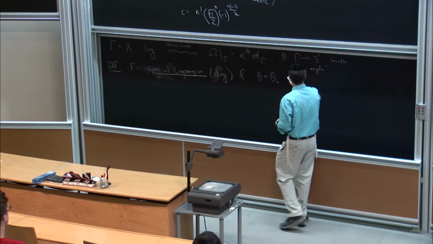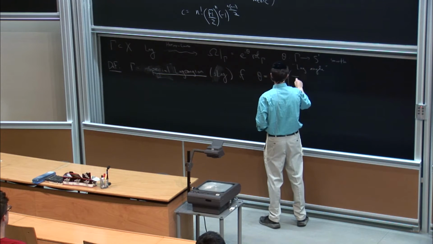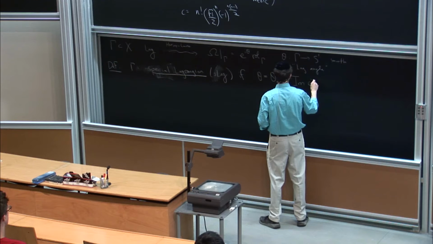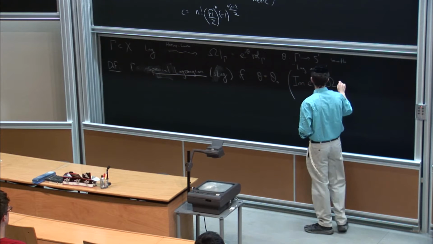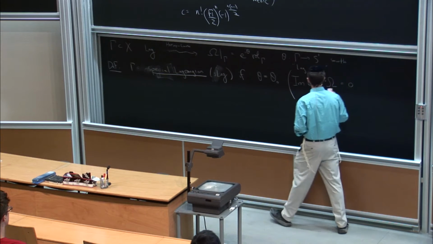There are lots of ways of rewriting this. For example, we can write the imaginary part of e^{-i theta naught} Omega is equal to 0.